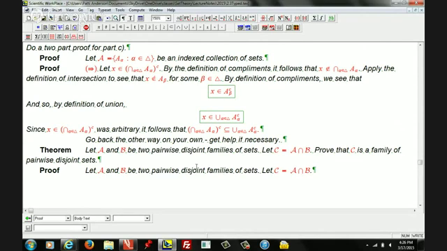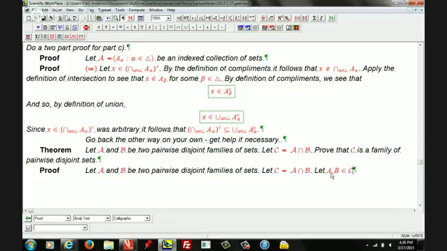Okay, so when we're trying to prove that, what we do is we say, we need two sets in there. So I'll do A and B, elements of our set C. Well, no, it's going to be different than that. I need to show that either A equals B or A intersect B is an empty set.